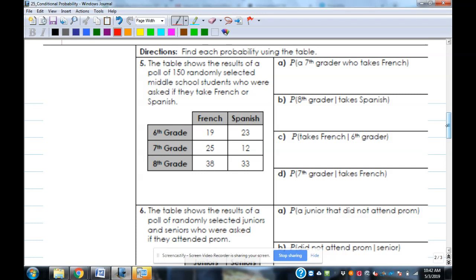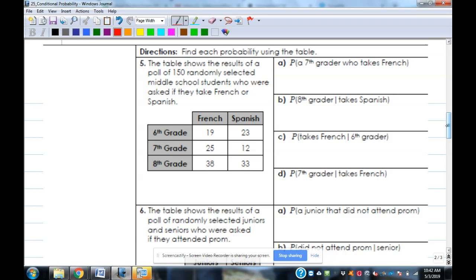So probability of a 7th grader who takes French. Okay, what's the given here? Is there a given here? It's a 7th grader who takes French.